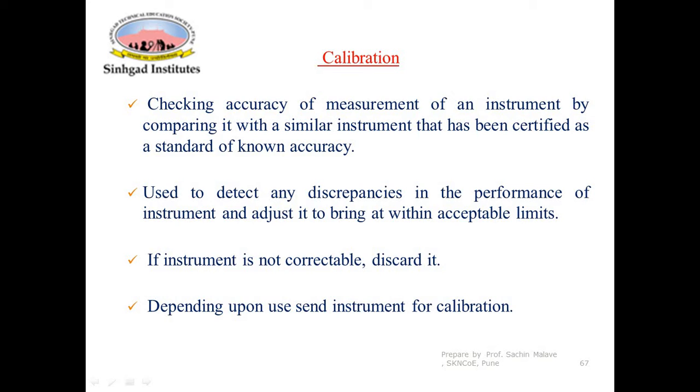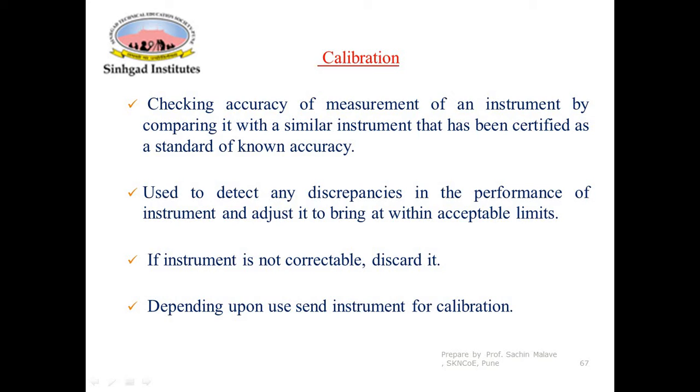If it is repairable, they will repair it and calibrate it properly. Sometimes the instrument given by you is beyond repair. Some of the parts are permanently damaged and you cannot repair it. Once they are assured that the instrument is beyond repair, they will directly discard it, or they will use it as a rough indicator.